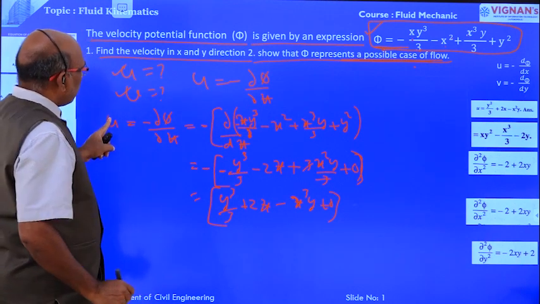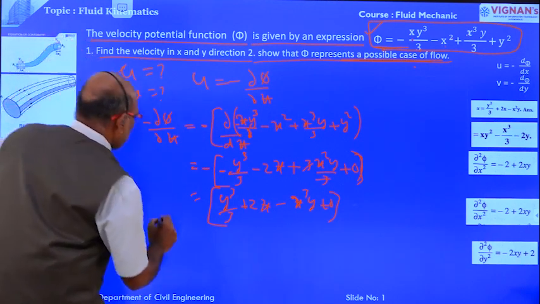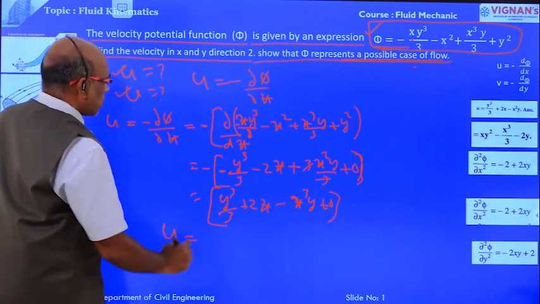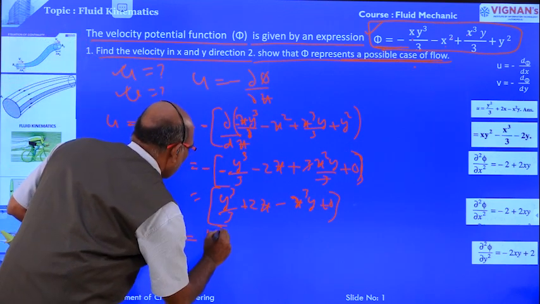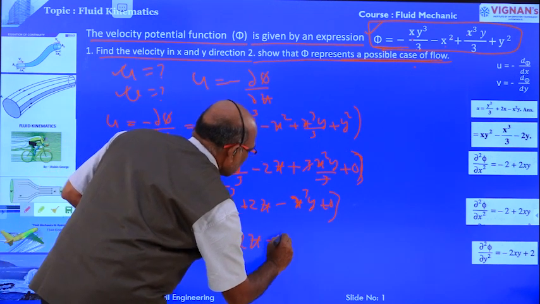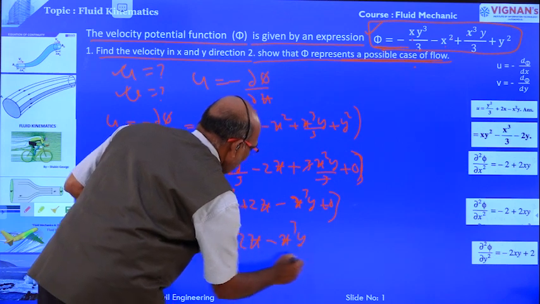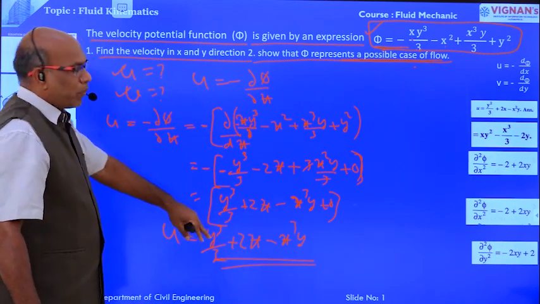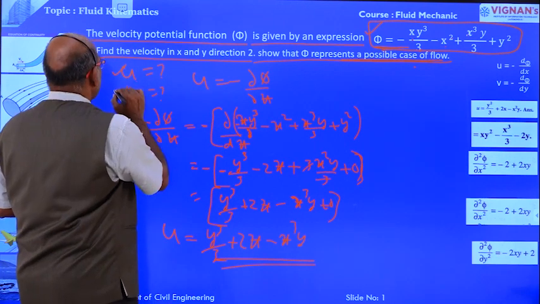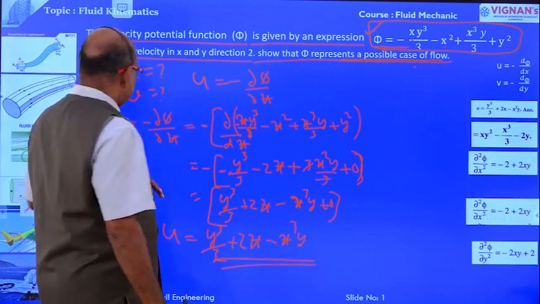Therefore, velocity in x direction u is equal to y cube by 3 plus 2x minus x cube y. This is the velocity component in x direction. Okay. Next one, what is the velocity component in y direction?